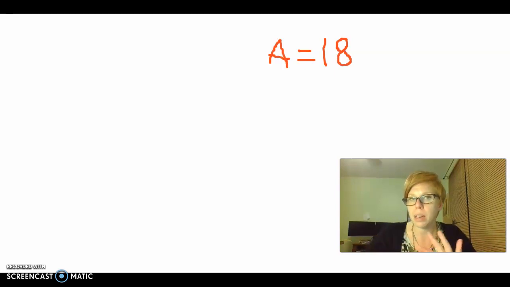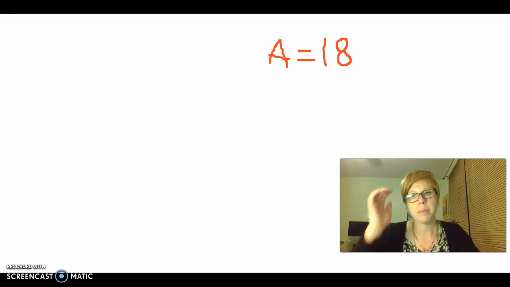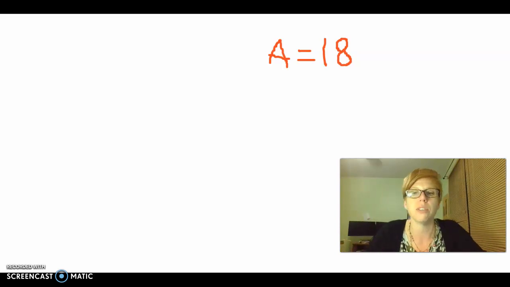So before you begin creating shapes with your cubes, ask yourself, what arrays can I make with 18? What two numbers can I multiply together to make 18? And that will be the array that you use. That will be the length and the width of your shape. I'm going to pause the video and I want you to work on creating shapes with an area of 18.